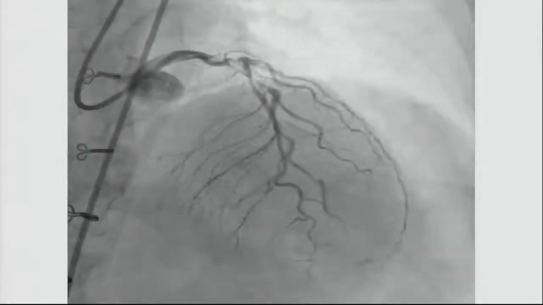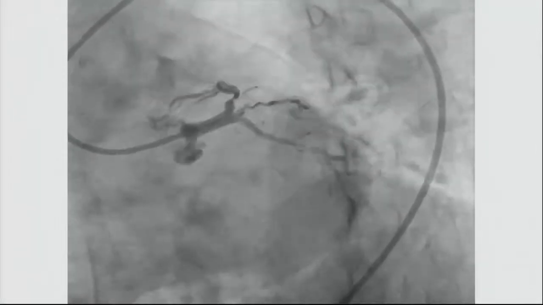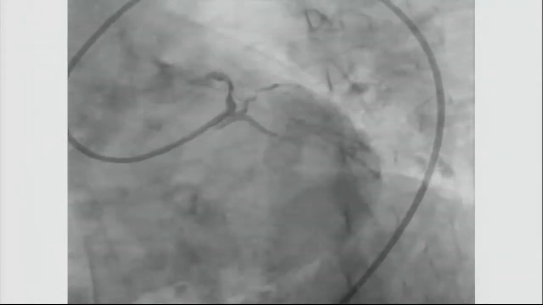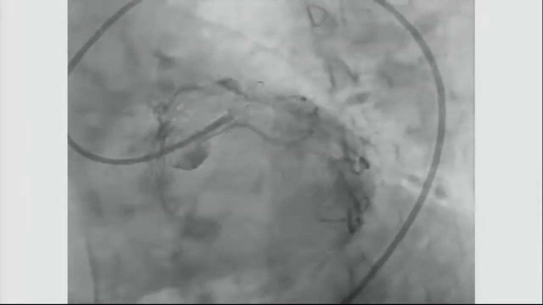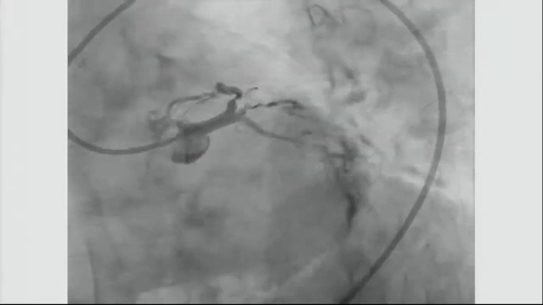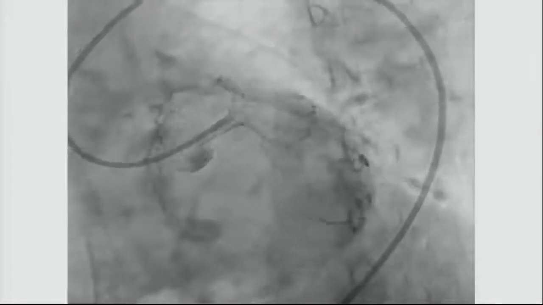Now we can see the other shots. Can we see the RCA? Yeah, so we'll show you the RCA now.